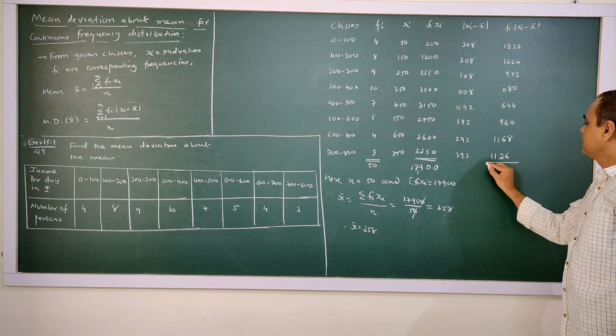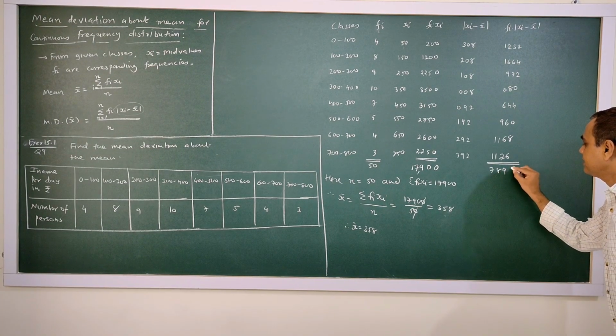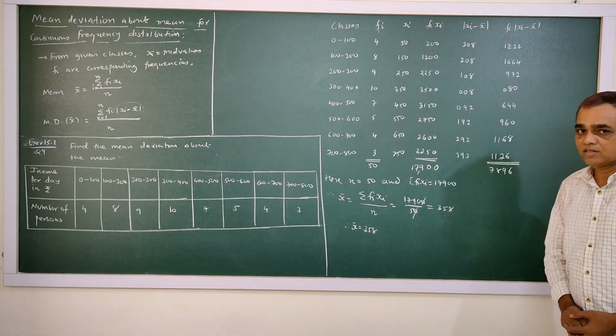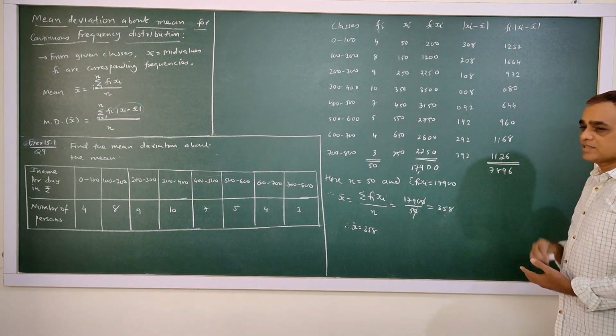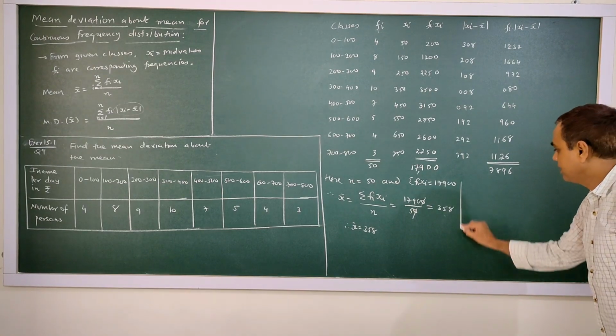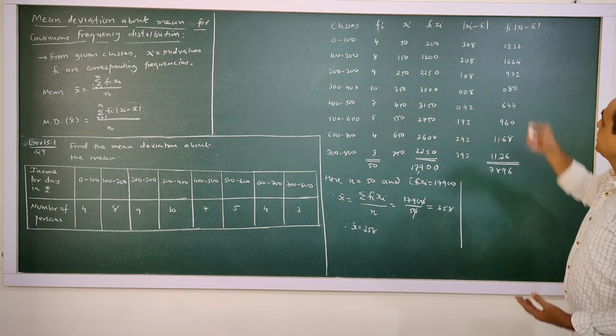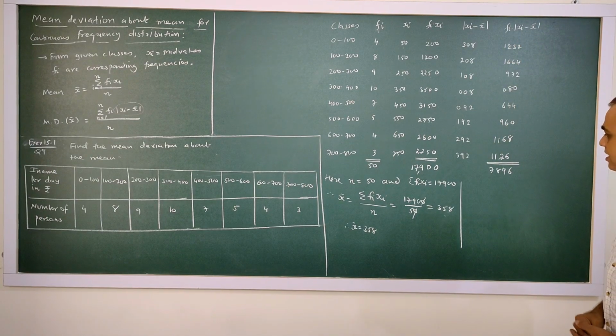Now, here we take the sum of these numbers. 7, 8, 9, 6. So the sum of these numbers is 7, 8, 9, 6. Now here, this is the value of sigma Fi into modulus xi minus x bar.